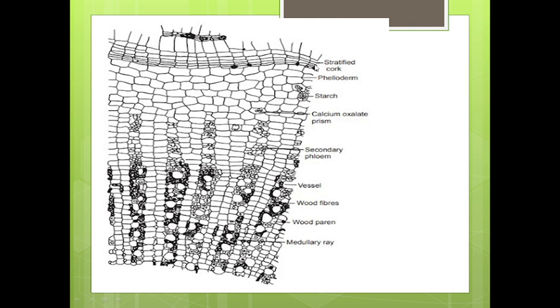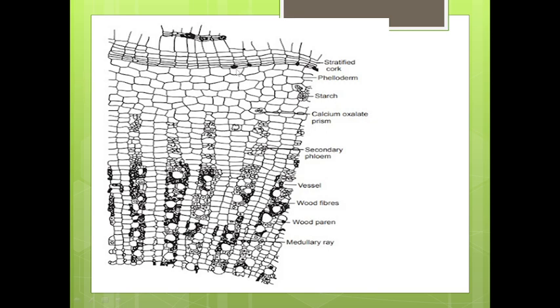You can see here the stratified cork, made up of radially narrow, smaller cells alternating with radially broader cells; the unlignified cells alternate with the lignified cells.